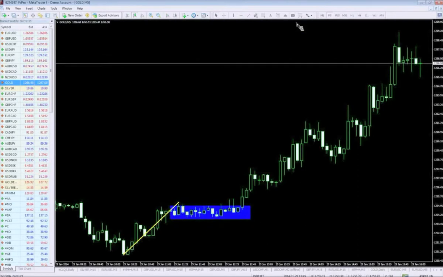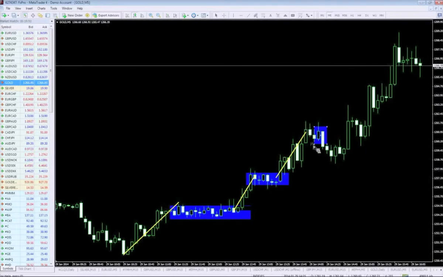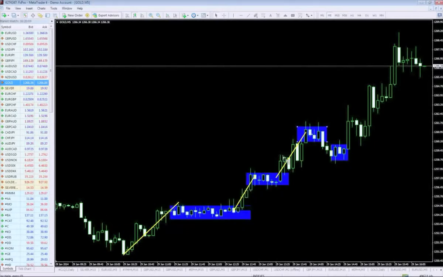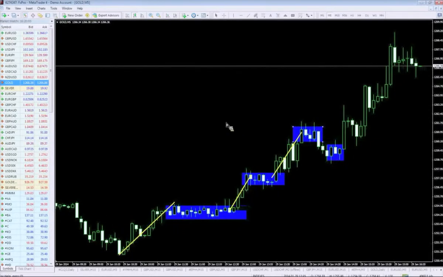Then the uptrend continued, and then we had consolidation. Then the uptrend continued, and we had more consolidation. Do you see that? And then we had a bit of a downturn here, and then more consolidation. So it's the same thing over and over and over again.